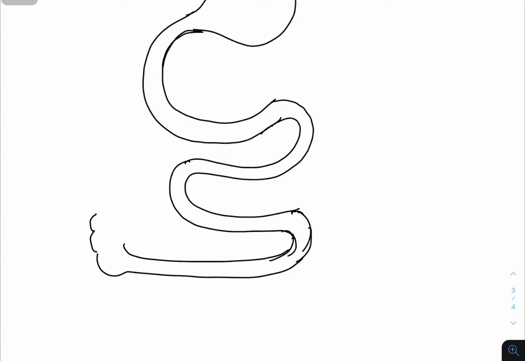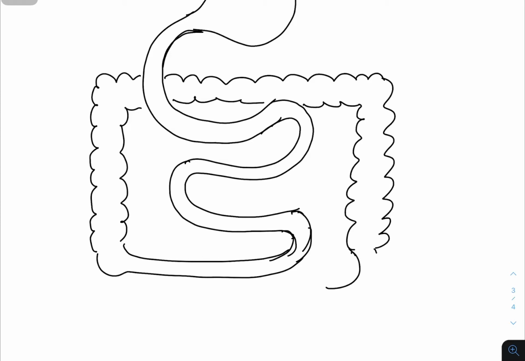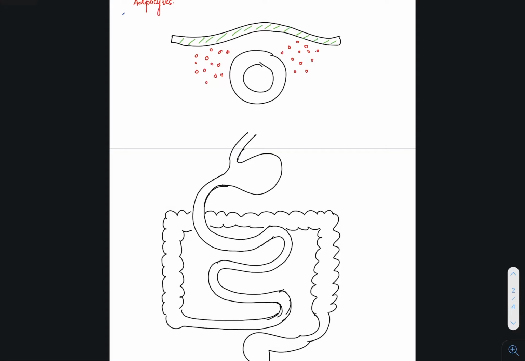And here you have the cecum, and here comes your ascending colon, here comes your transverse colon, here comes your descending colon, sigmoid colon, rectum and anus, right? So this is a simple picture of your intestine.